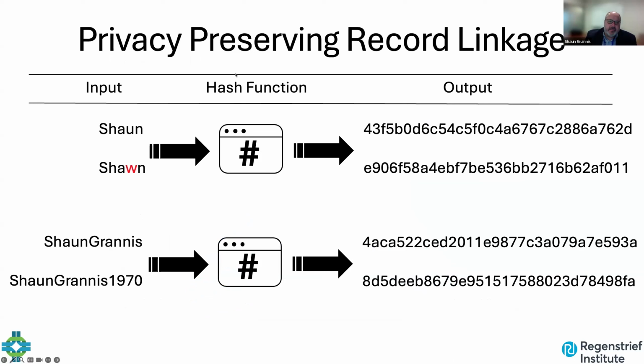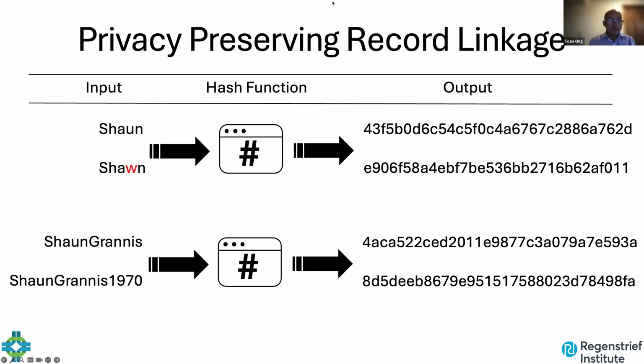And finally, Toan, if you want to talk a little bit about privacy preserving record linkage, we're seeing this increasingly used for matching. Toan, I don't know if you want to just speak to like 60 or 90 seconds on PPRL. Yes, absolutely. Thank you, Shaun.